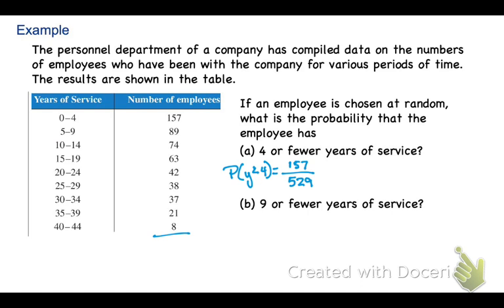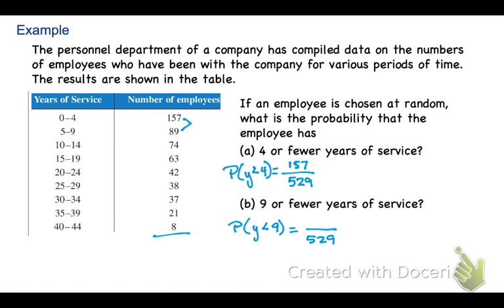Oh, duh. Okay. 9 or fewer years of service. So P of less than 9 years. We're still going to have it over 529, right? What's our numerator going to be this time, though? You have to add 89 and 157.